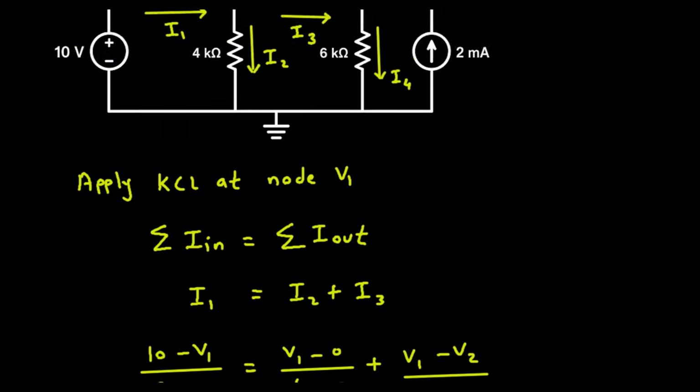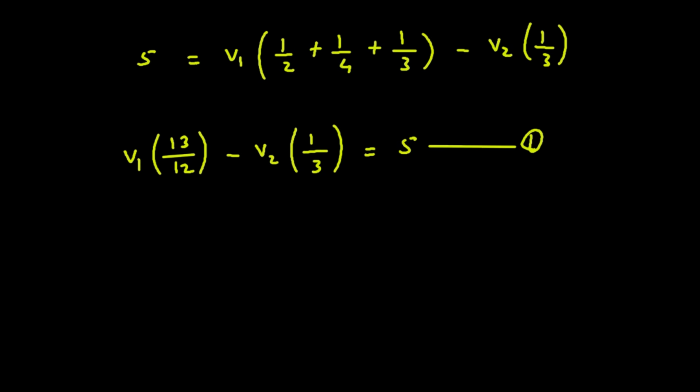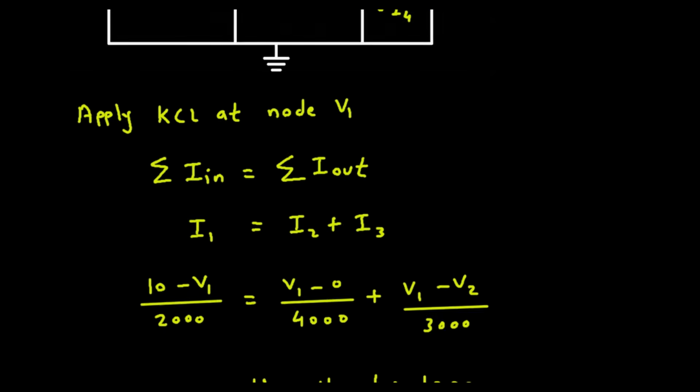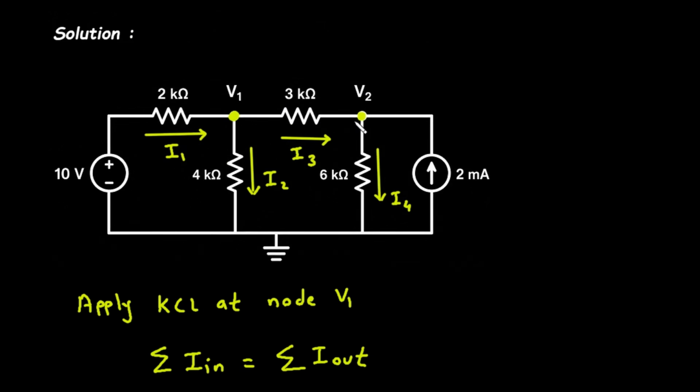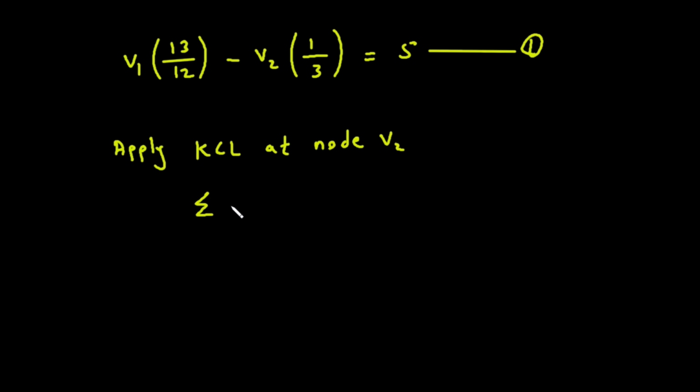Now similarly we will solve for this V2. So let's apply KCL at node V2. Again KCL is summation of all the currents entering a node is equal to summation of all the currents leaving the node.